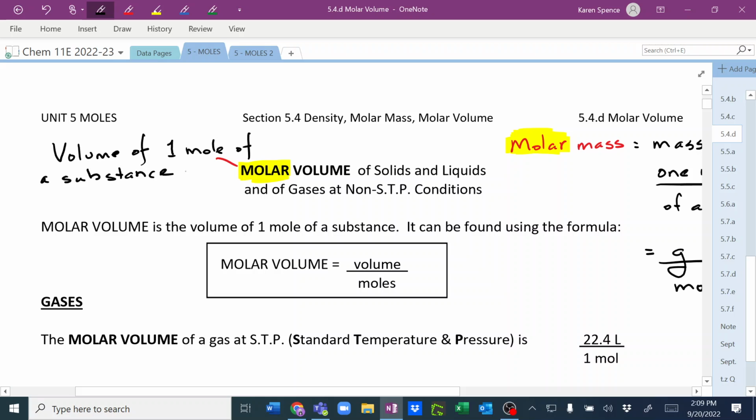Its unit would be liters per mole, especially for gases, but for solids and liquids, it could often be milliliters per mole or cubic centimeters per mole. It's always going to be per 1 mole. So molar means per mole when it's at the beginning, as an adjective. Molar mass, mass of 1 mole. Molar volume, volume of 1 mole.